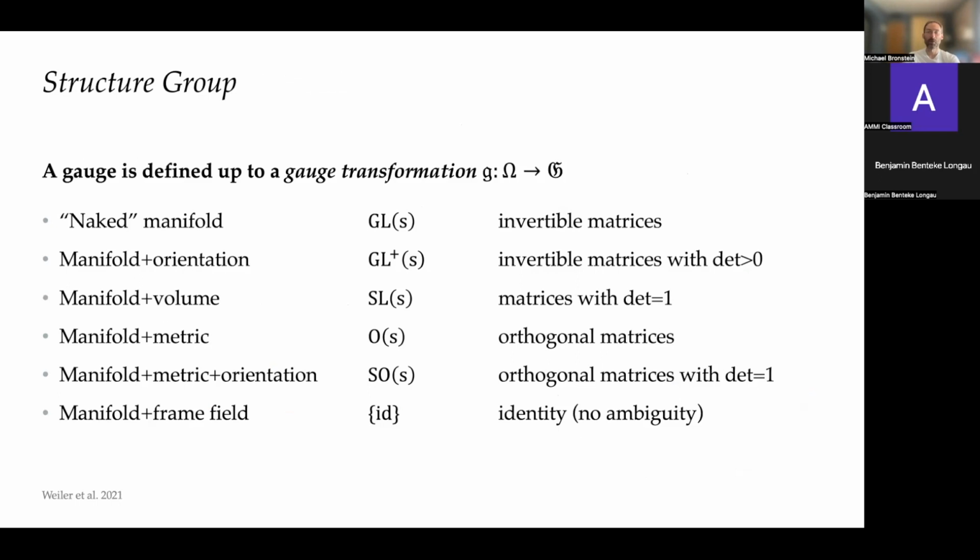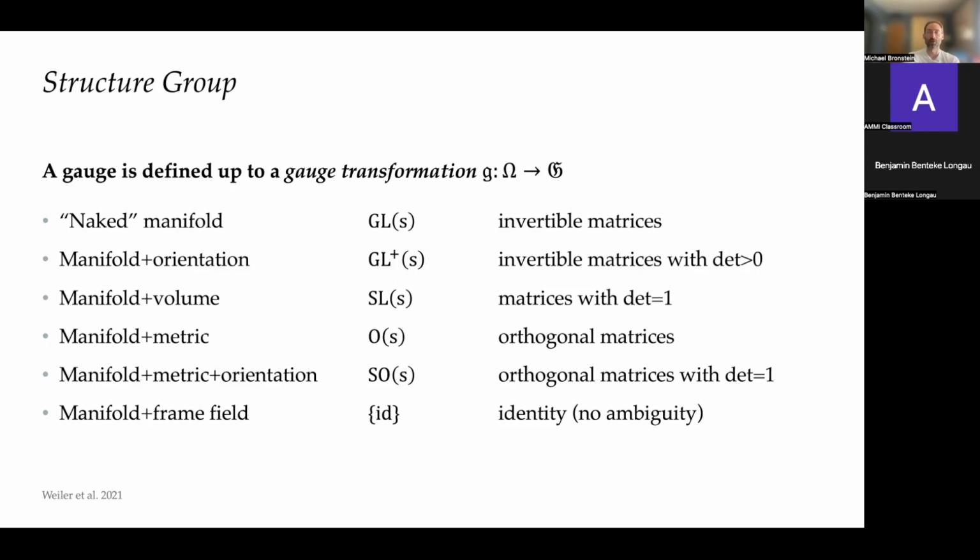If I have a manifold with a volume form, right? You need to understand that these notions are independent of the metric, right? So you can define a volume form separately from any Riemannian structure. Then we're talking about matrices with determinant equal to 1, right? So determinant can be thought of as a representation of the volume. If I have a manifold with a metric, then I have a notion of direction, right?